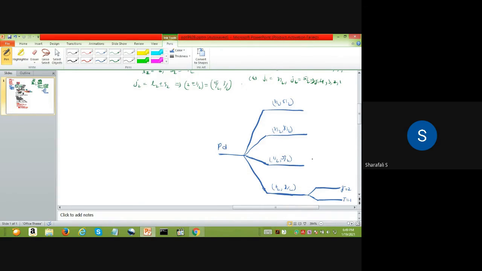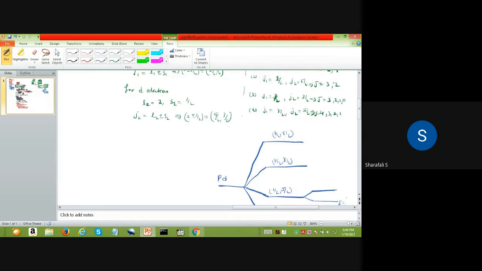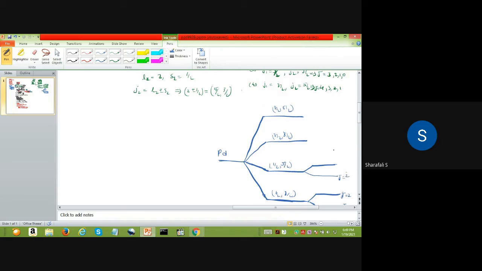And then we have this one, which is also 2, with J value equal to 3. So 2 will come down.